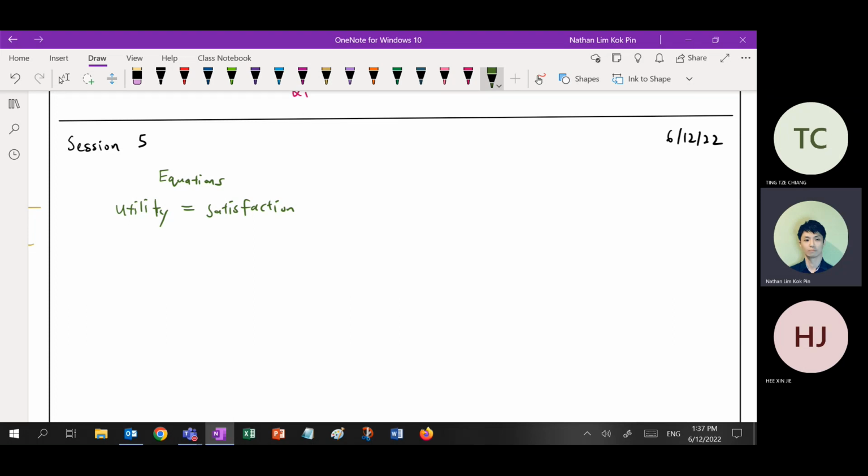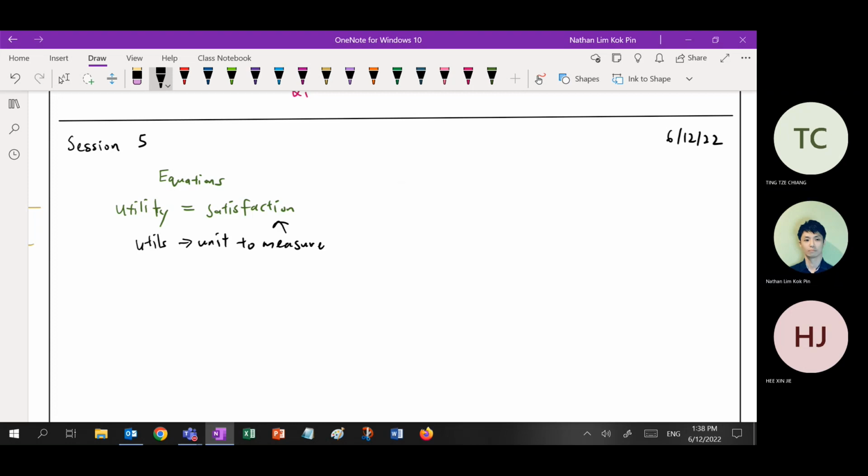In order to measure your height, we have to use some unit. In order to measure length, in order to measure weight, we have to use some units. Same for satisfaction. The unit to measure satisfaction is utils.